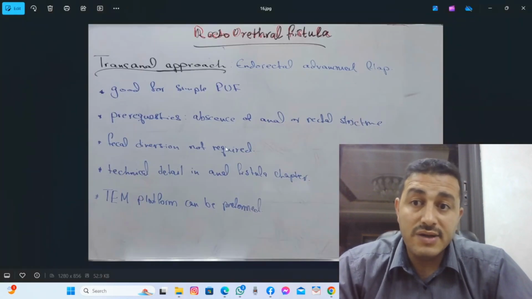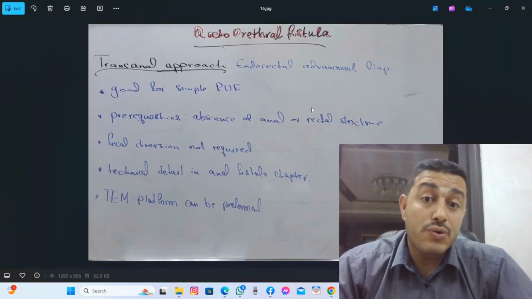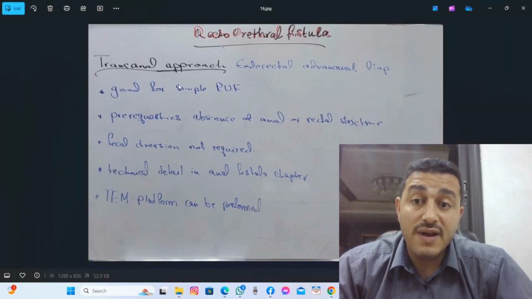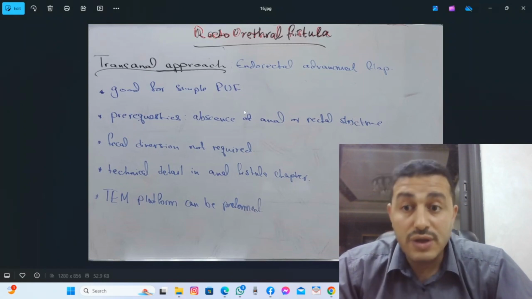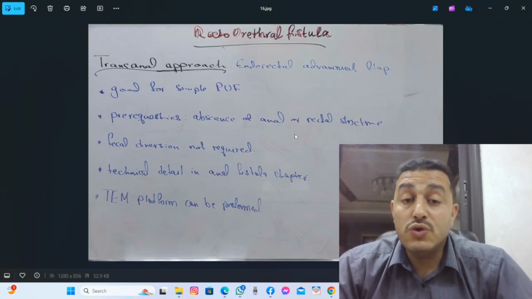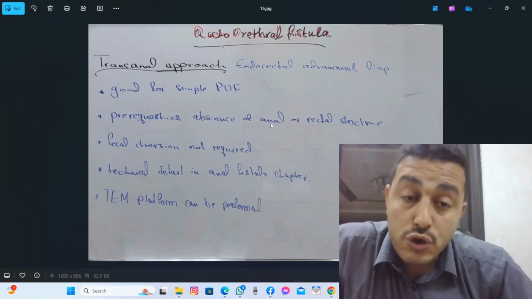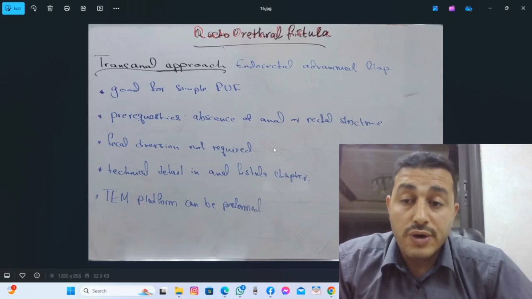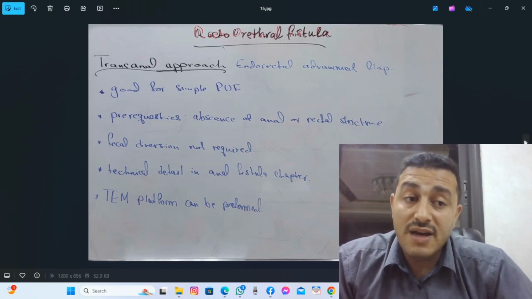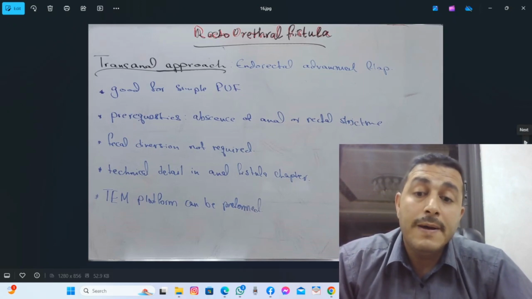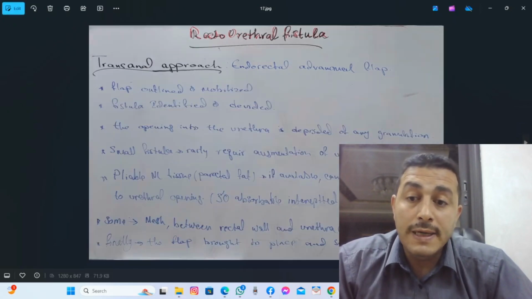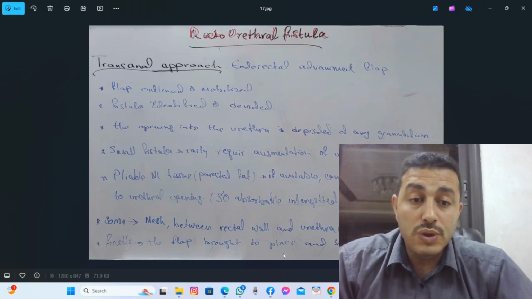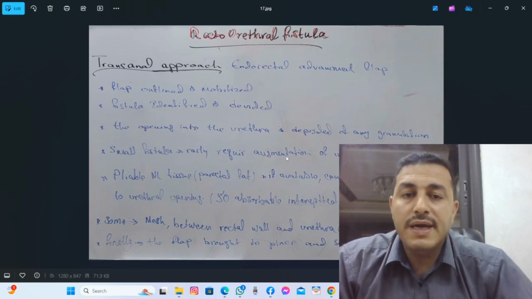What else can we add regarding the transanal approach or the endorectal advancement flap? We said it's good for rectourethral fistula. There shouldn't be any rectal stricture or anal stricture. Fecal diversion is not mandatory. We use absorbable sutures to close the opening.